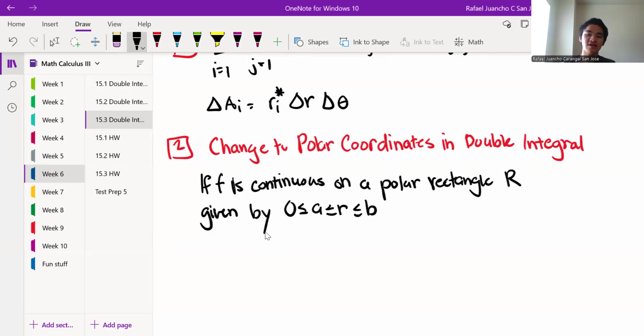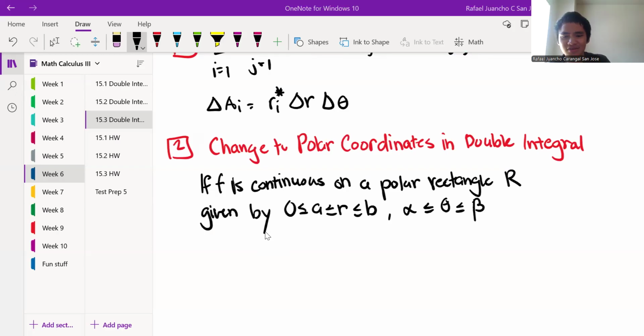So we're saying here that a and b, or a is positive or 0, they also have some alpha, which is in between my theta, in between some beta. These are just angles at the end of the day.